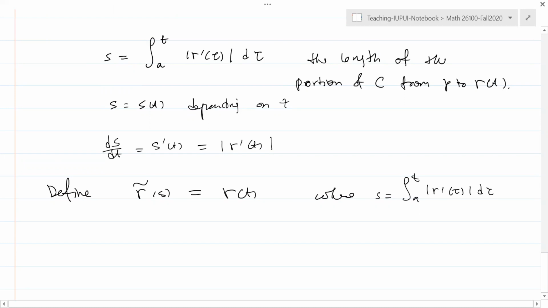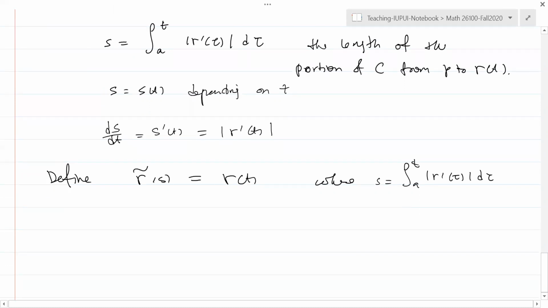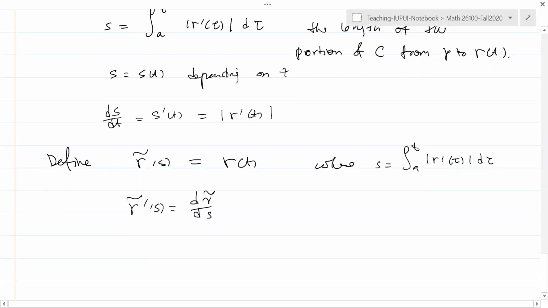So now let's find the derivative. It is the derivative of r2 with respect to s. Now t can be viewed as a function of s.